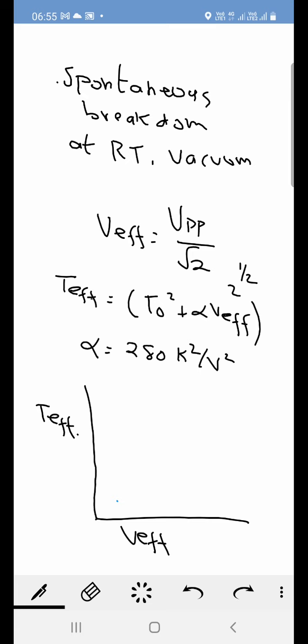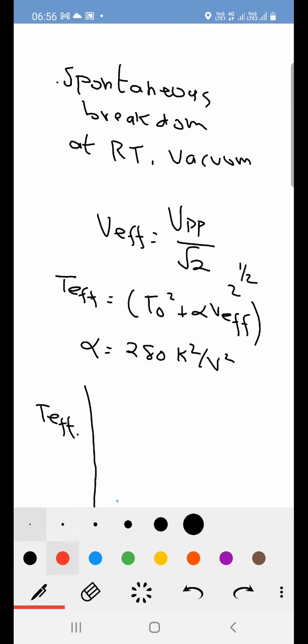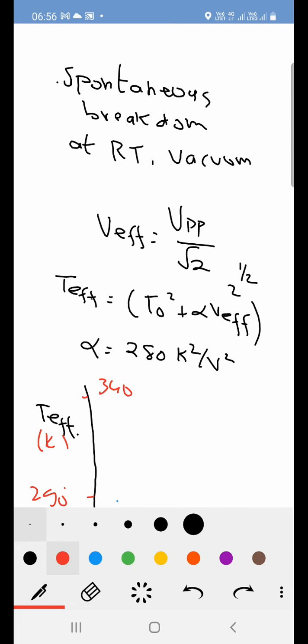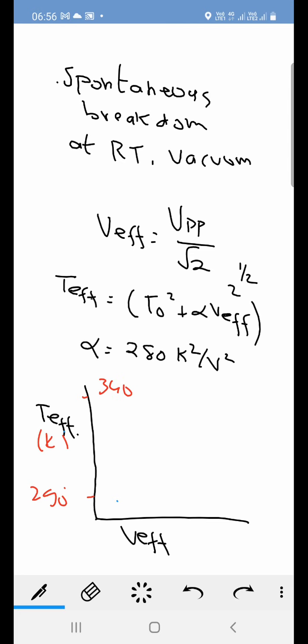So this is 280, this is 290, and this is expressed in Kelvin, and this is 340. So the plot will be parabolic in nature. And this will correspond to 0.1, this is 0.7.